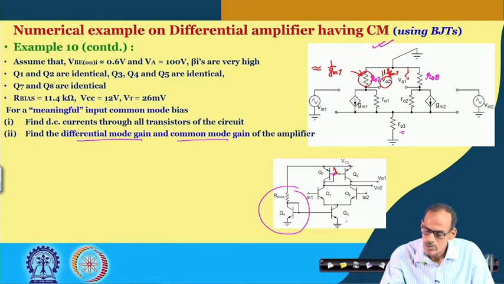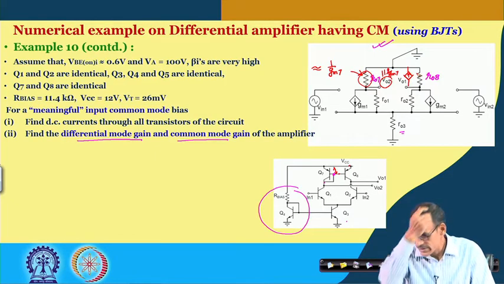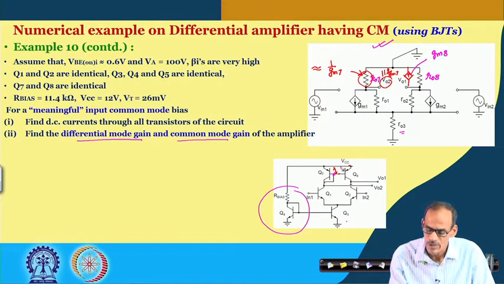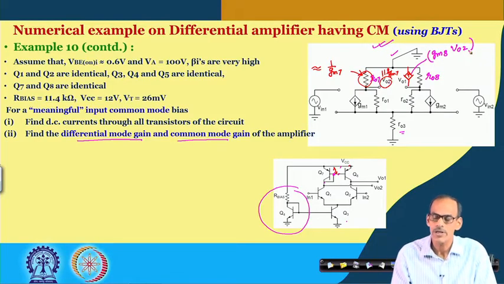So, through transistor 8 there will be a signal current flow, corresponding to gm8 multiplied by the VB here, which is basically VO2, because this node is ground. So, the VBE voltage is VO2, and the current is gm8 multiplied by VO2.